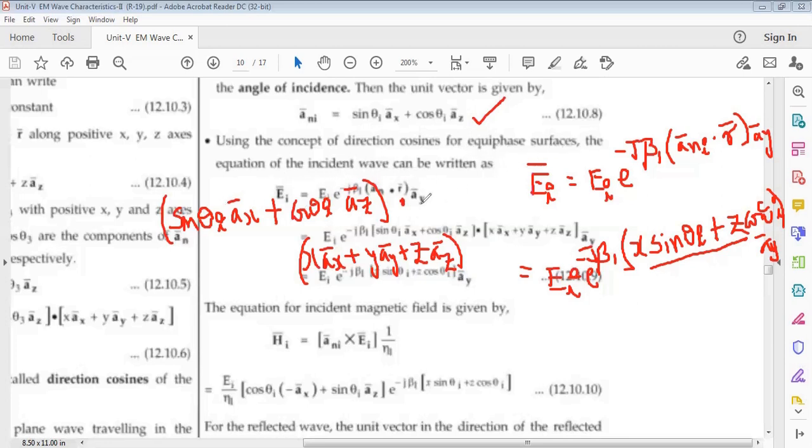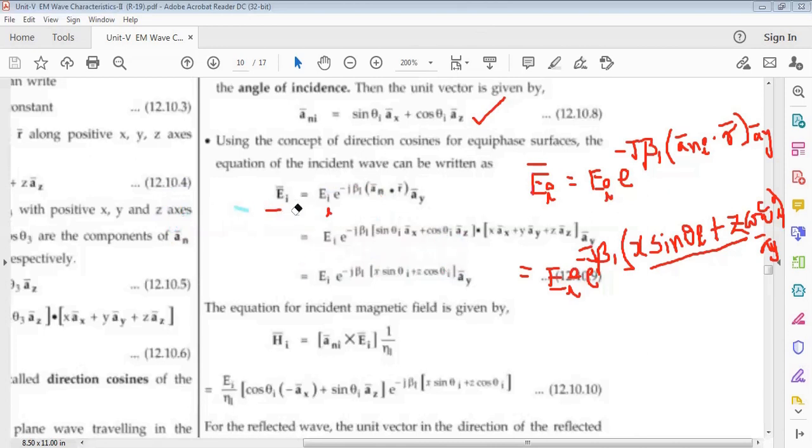The equation of the incident wave can be written as a_ni bar dot R bar, so x sine theta i. Here, sine theta into a_x bar plus cos theta into a_z bar, dot x into a_x plus y into a_y bar plus z into a_z bar.